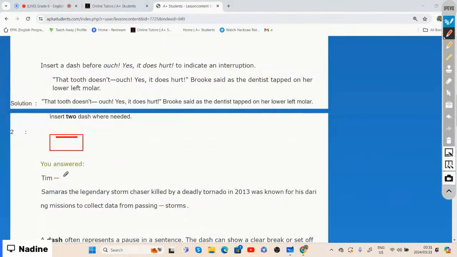So then we can say there, Tim Samaras, and then we add our dash, because now we are specifically talking about Tim Samaras. Now they're going to explain who Tim Samaras is. This is not extra or added information. They are saying he's the legendary storm chaser.